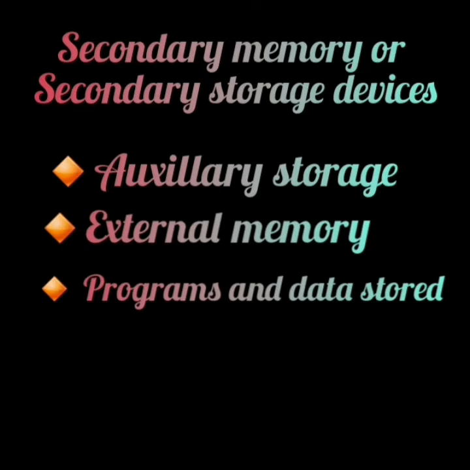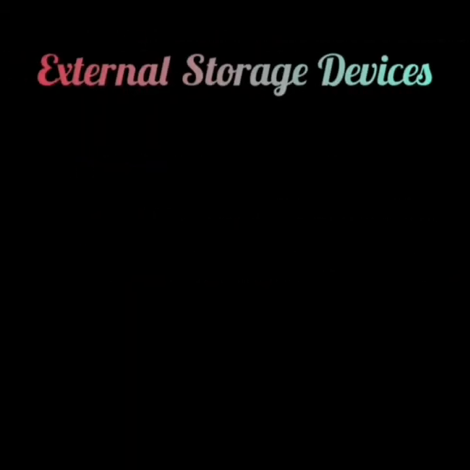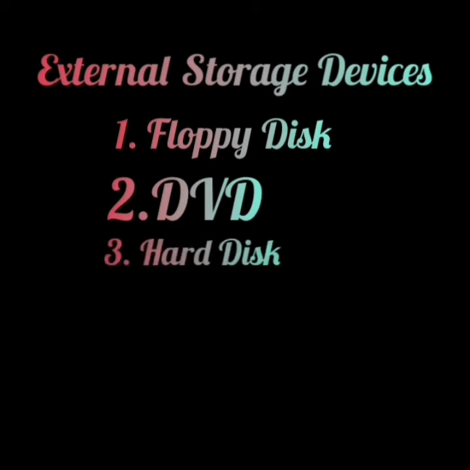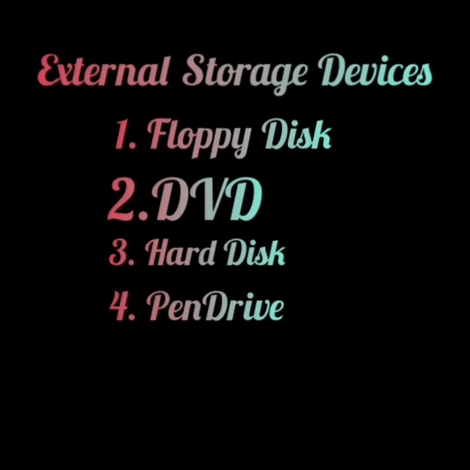It is also known as an external storage device. There are many external storage devices available today which are used to store data. First, floppy disk. Second, DVD. Third, hard disk. Fourth, pen drive. And fifth, CD.